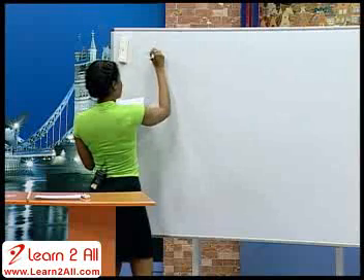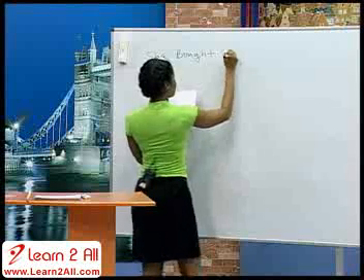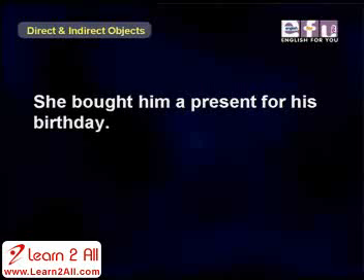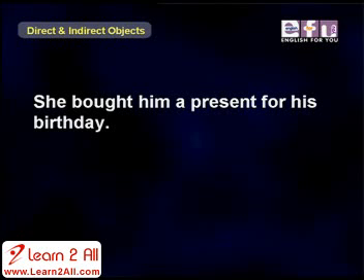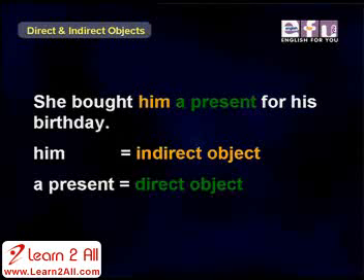Okay, Anna, look at the first sentence and tell me the direct object and the indirect object. She bought him a present for his birthday. Him is the indirect object and the present is the direct object. Good.